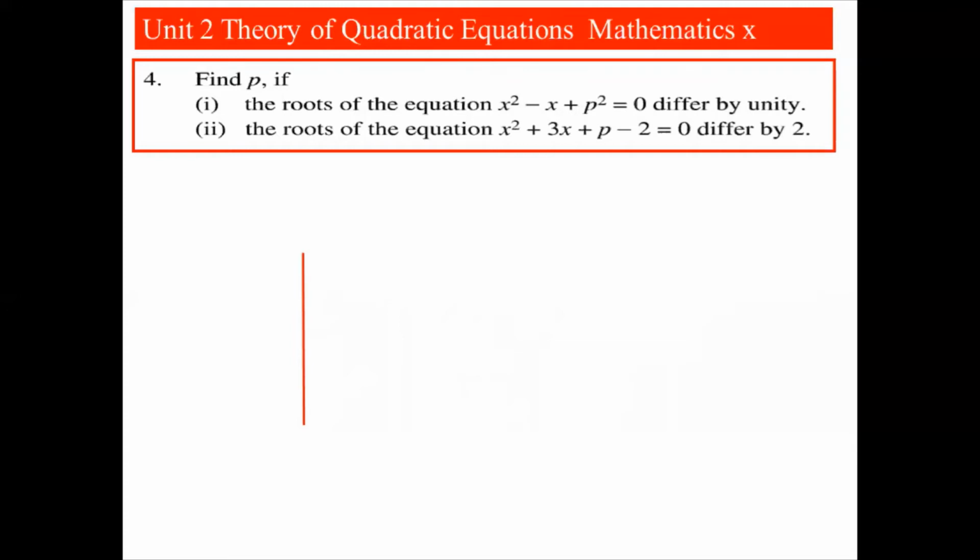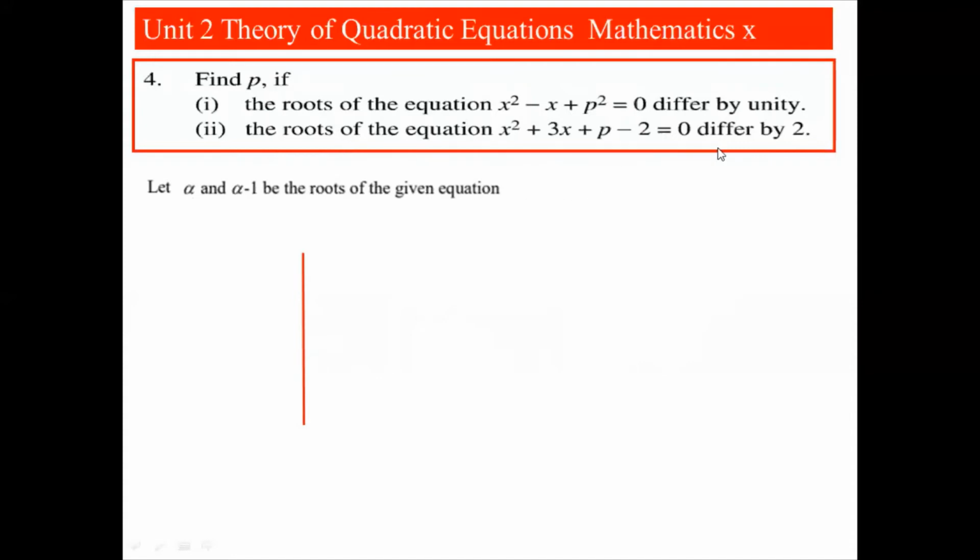And the second part, the roots of the equation differ by 2, where the equation is given. So for the first part, let alpha and alpha minus 1 be the roots of the given equation. Since it's given that the roots differ by unity, the difference between these two roots is 1. If we take the first root alpha, then the second root will be alpha minus 1.